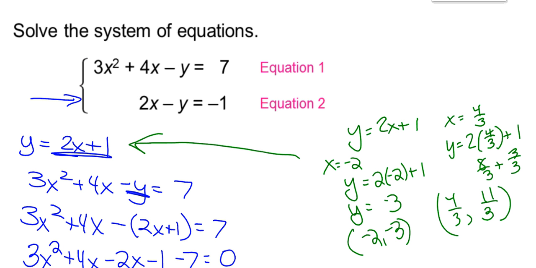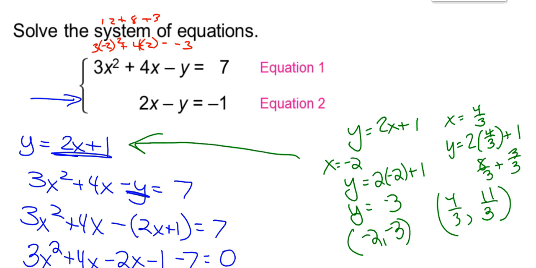And then always, a good idea to check as we go. Maybe one is easier to check than the other. -2. So 3 times -2 squared plus 4 times -2 minus -3. So let's see what that is. 4 times 3 is 12, right? So I've got 12 plus 8 plus 3.